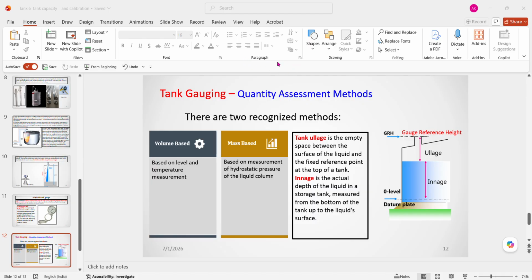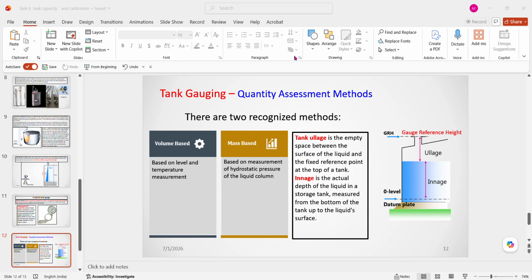Then a hybrid tank gauge. A hybrid tank gauge combines a continuous level gauge like radar or servo, either one of them, and then hydrostatic tank gauging, which means it will measure the pressure with a pressure transducer at the bottom of the tank, and that will give you the level. If the level is down, you will get less pressure.